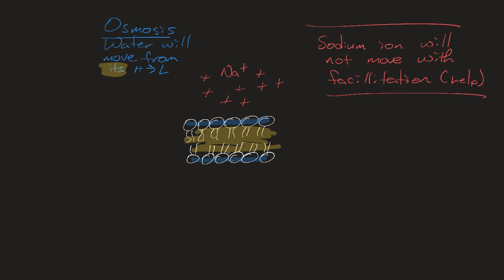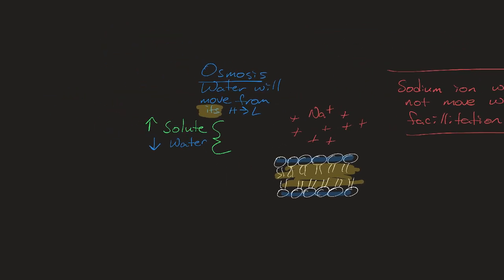So consider this side. This side is high in solute, correct? Everybody okay with that? If it's high solute, it's low water. The salt is sodium. It's the solute. So high solute means low water, correct? To remind you, you have a pie chart, it's 100%.